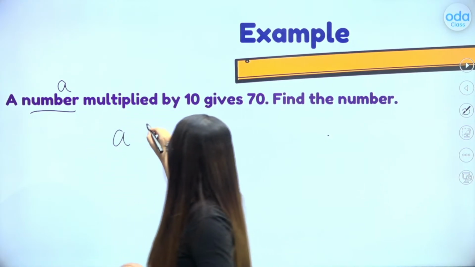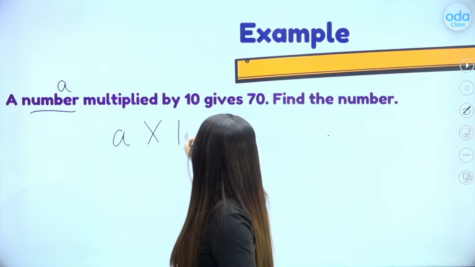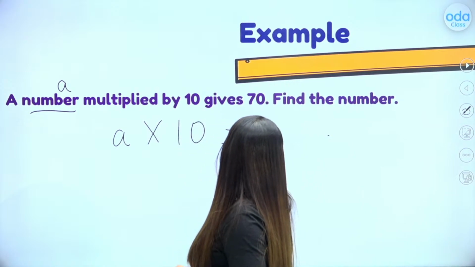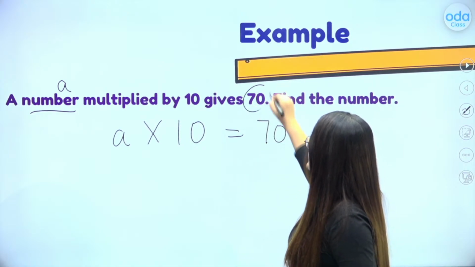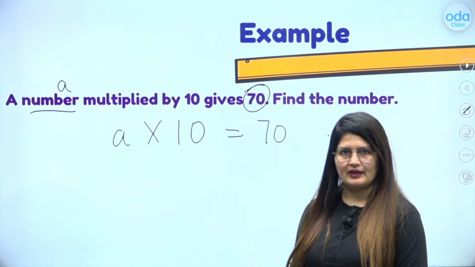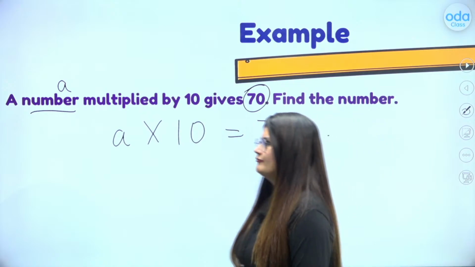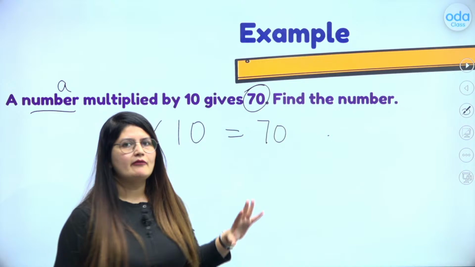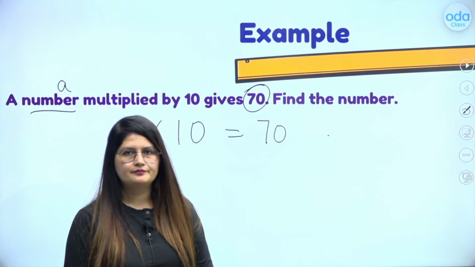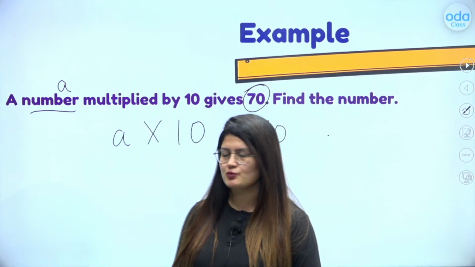So, a multiplied by 10 gives you the answer as 70. What is the answer that we are getting? We are getting the answer as 70. Yes. Now, if I ask you the question generally, 10 multiplied by what is equal to 70? I believe all of you can answer this question.